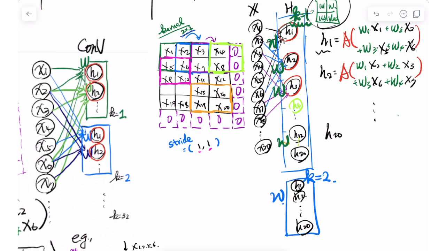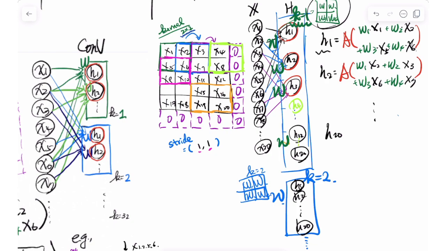For the second kernel, we have other weights, and those weights, of course, are shared in K equals 2, and so on and so forth. So in this case, we will use several different kernels.